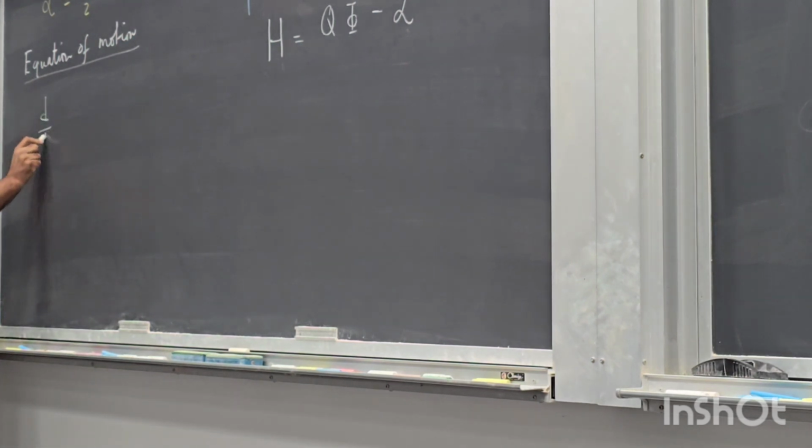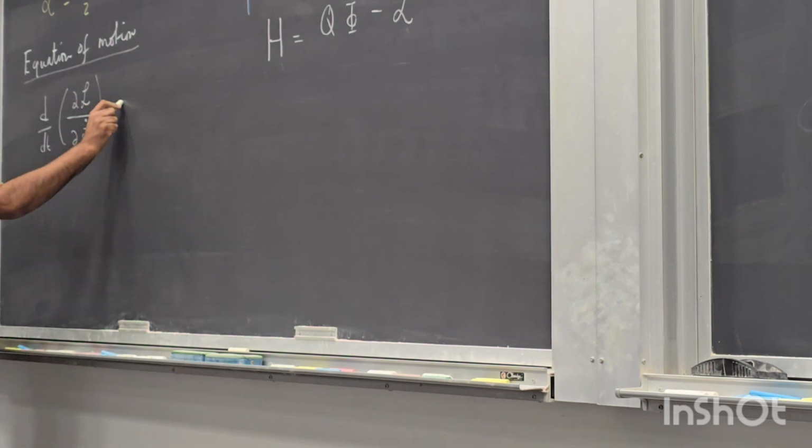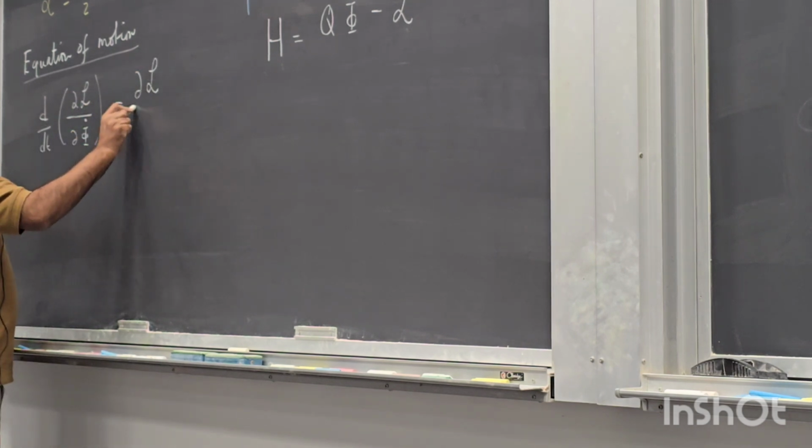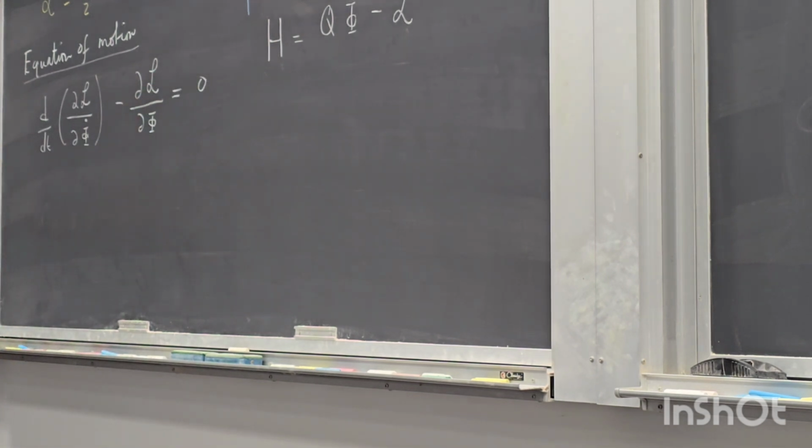So I take the derivative of the partial derivative of the Lagrangian with respect to phi dot minus the derivative of the Lagrangian with respect to phi. Equate this to 0. It's an unconstrained system. This will give me the equation of motion for this oscillator. Okay? So it will give me the dynamics of the flux through this superconducting circuit.